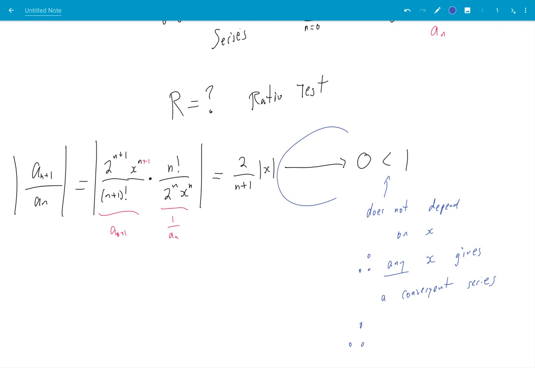Okay, this limit here ends up being 0 for any x value. So what does that mean? That means that all real values of x are fine. So my interval of convergence is minus infinity to infinity, and the radius is infinite.